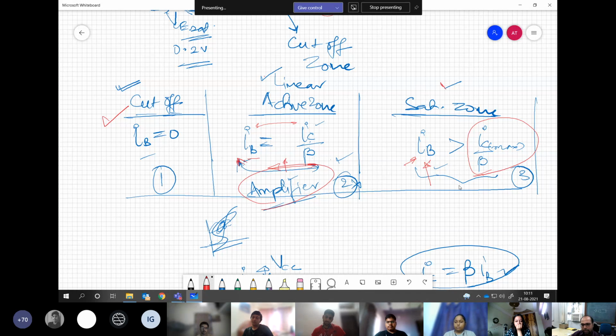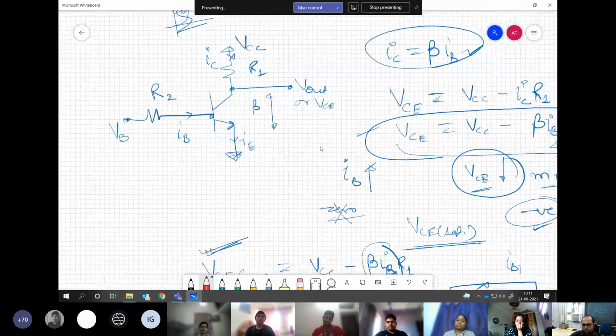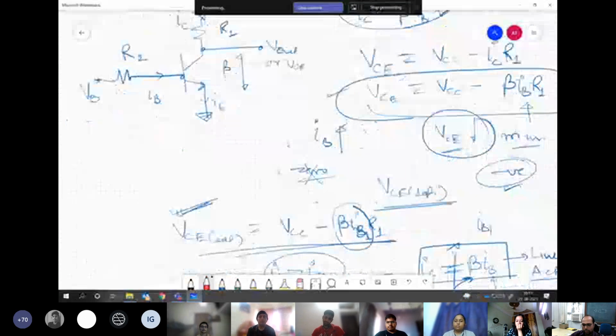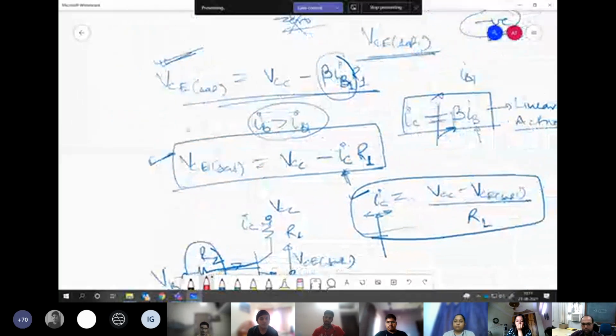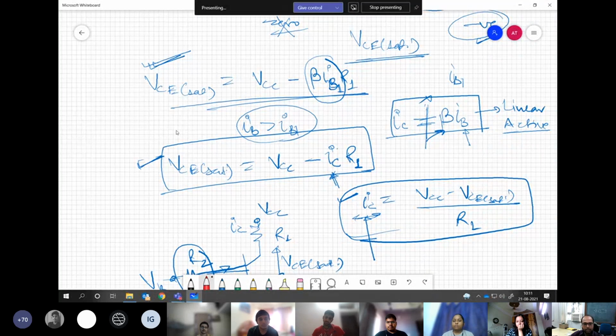In that case, we say that the device has gone into saturation mode, and the impact is the VCE voltage comes down to a saturation limit that is called VCE sat, and after that it cannot be reduced. That is where it is operating in the saturation zone.